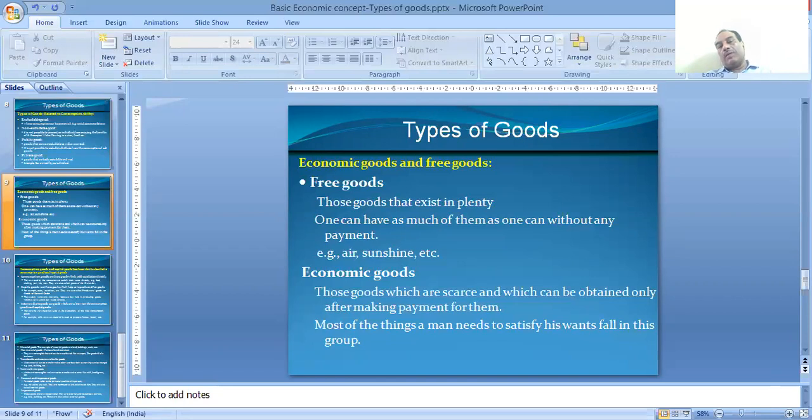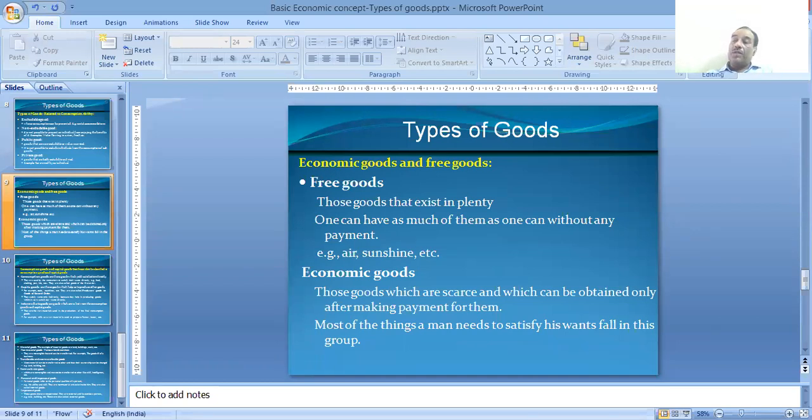Then the economic goods are those goods which are scarce and which can be obtained only after making payment for them. So this makes the difference between free goods and economic goods: free goods are available in plenty, there is no scarcity of them, while economic goods are scarce, and for using the services of economic goods we need to make payments.